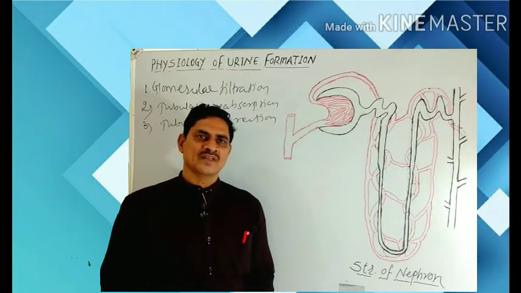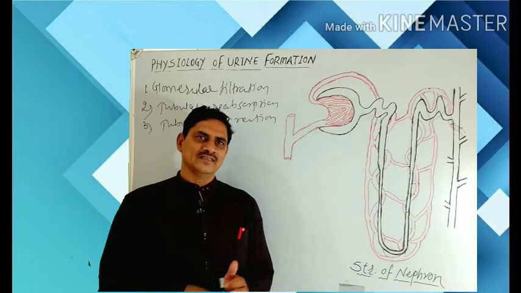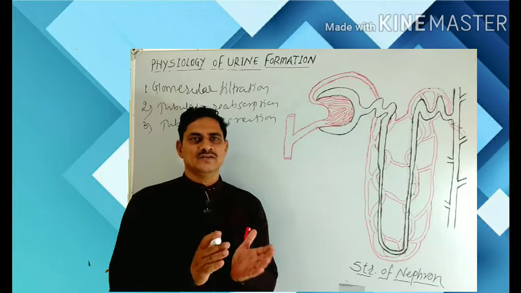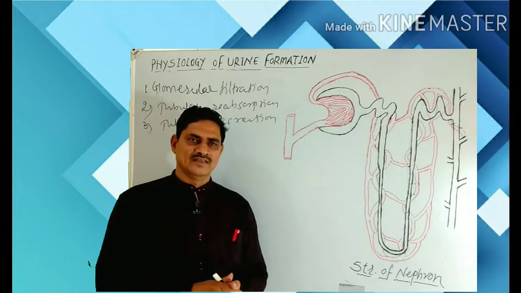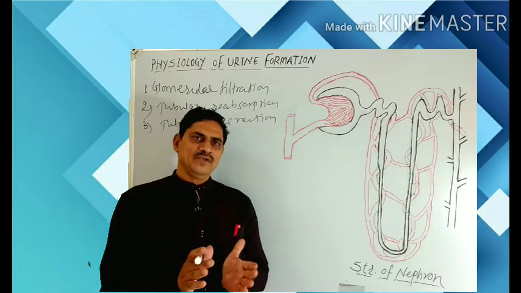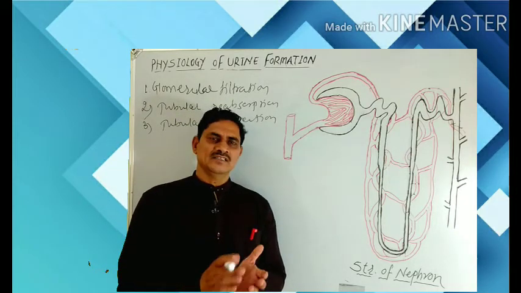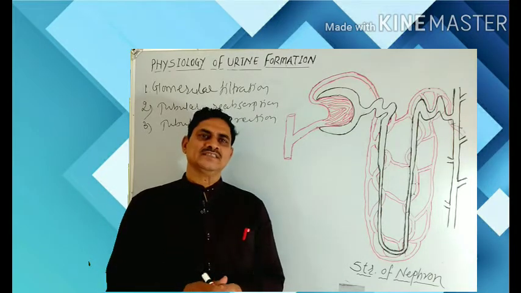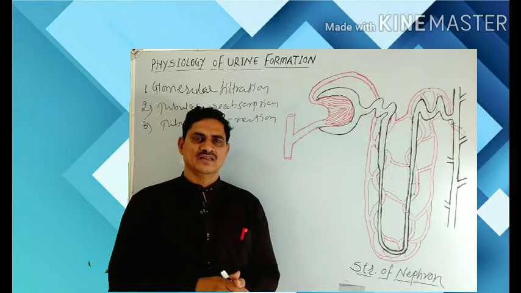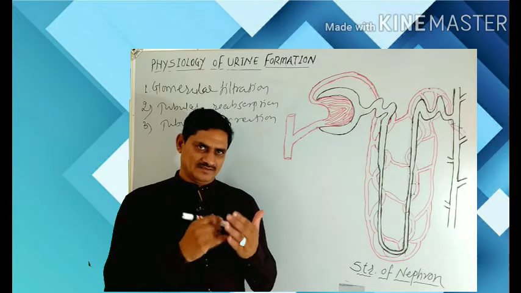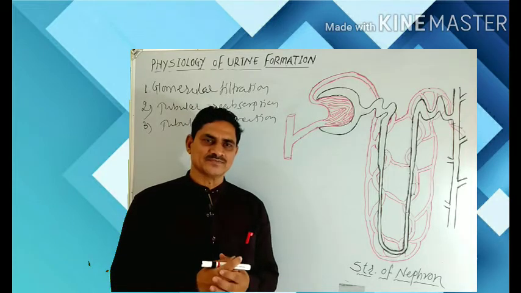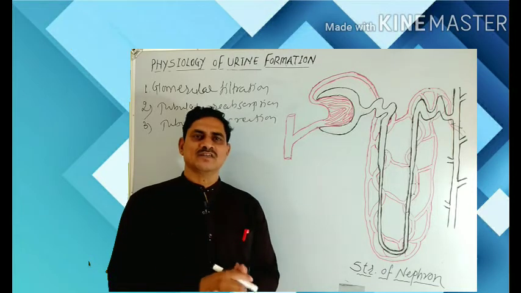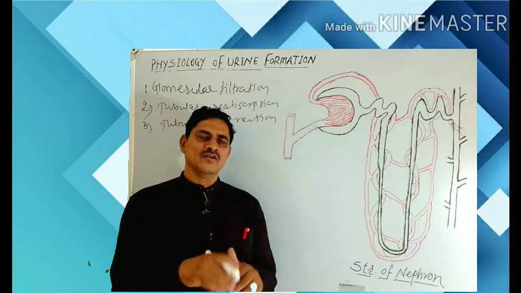So, friends, the kidneys are the chief excretory organs which remove the toxic substances from the body. Due to the metabolic activities, different types of waste products or unwanted substances are produced, and these unwanted substances or waste products are either byproducts or end products, as they are not further used by the body.